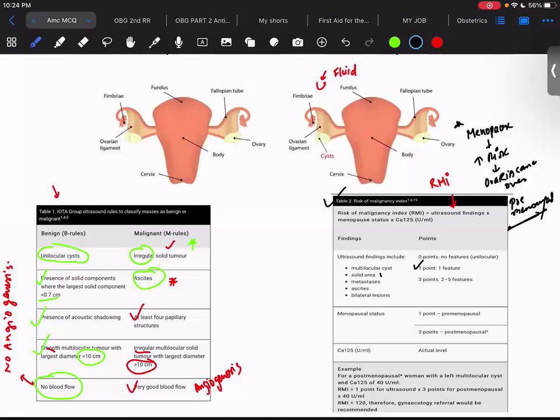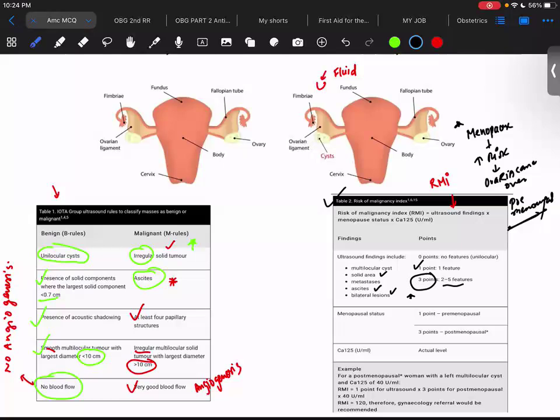Solid area, 1 point, and then metastasis, ascites, and bilateral lesions each contain 1 point. If the patient has 2 to 5 features altogether, then we give three points, but the features should be at least 2 to 5.